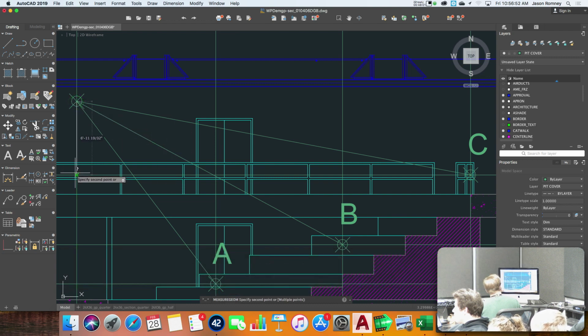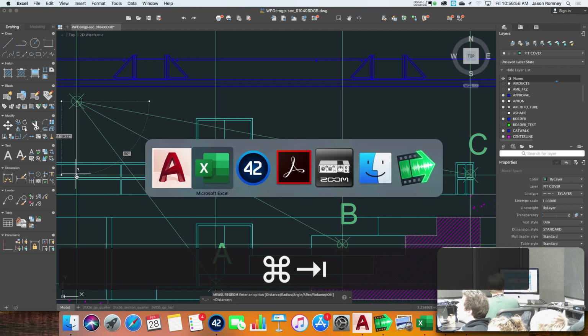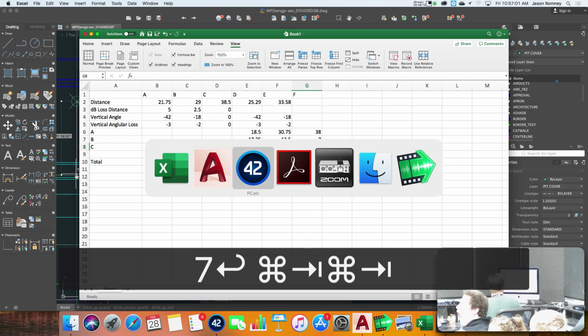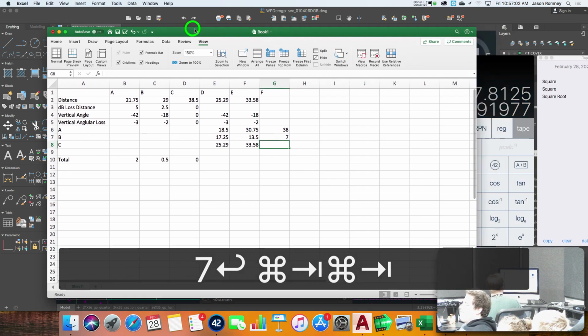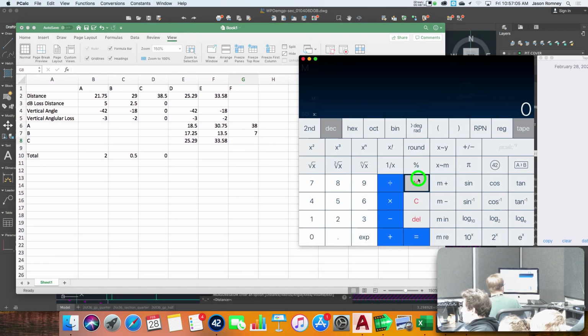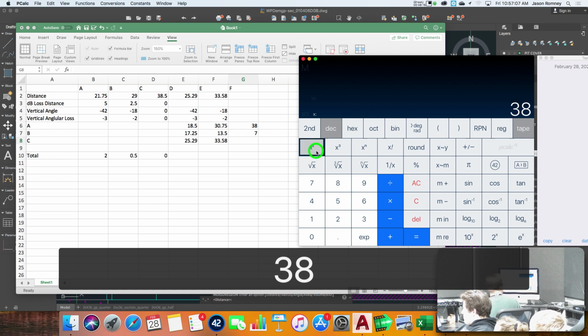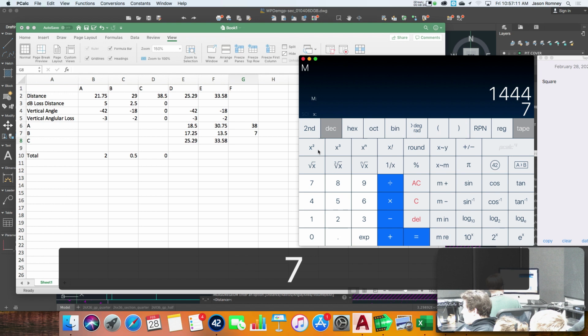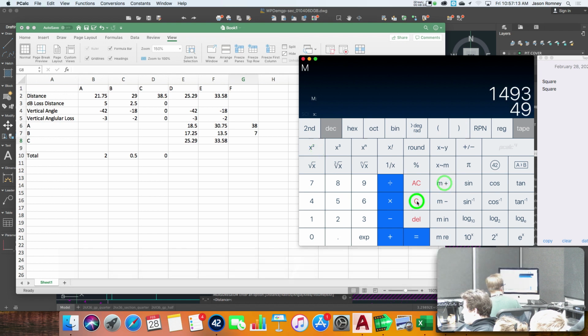Okay, so what's my distance? 38 squared plus 7 squared, and the square root of that, I got 38.64 feet. Okay, so there's my distance.